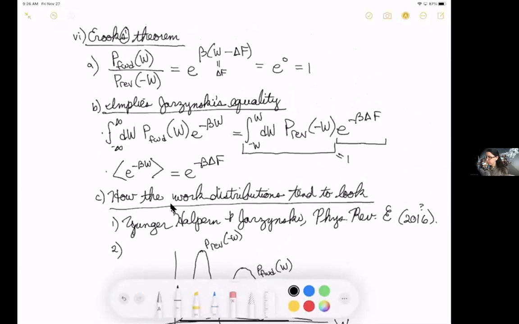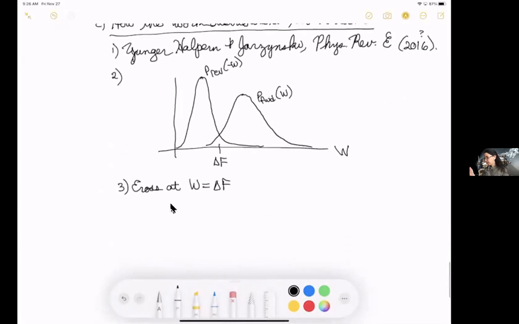We can move the P reverse to the right-hand side and see that P forward just equals P reverse. So this is another way to extract the free energy difference from these pulling experiments.